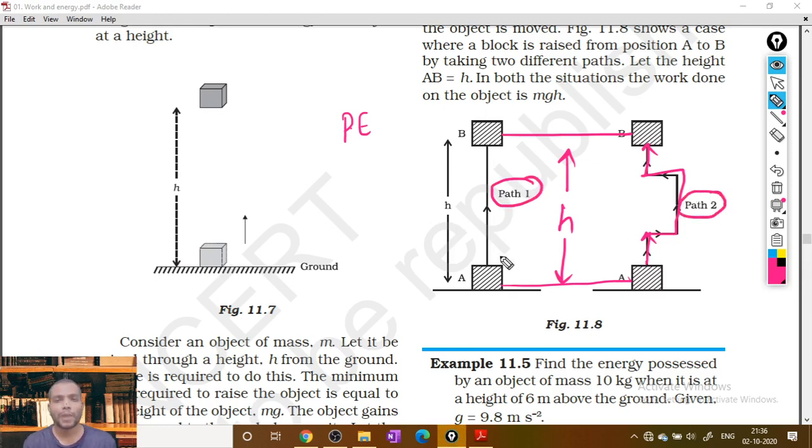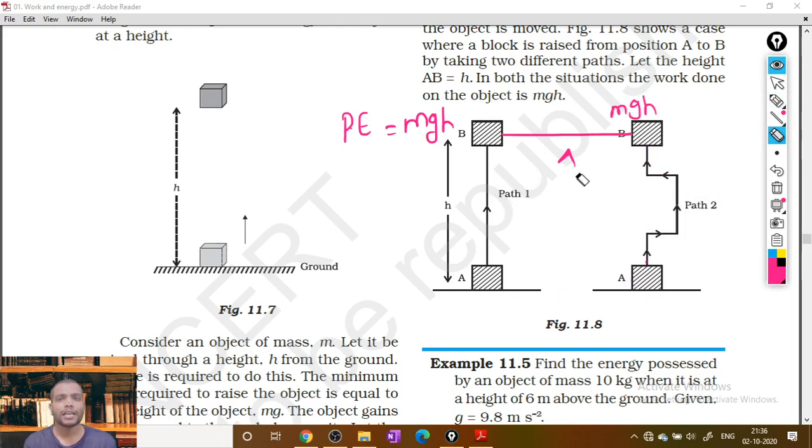In the first case the path is straight, in the second case the path is not straight, but in both cases the object has equal potential energy, equal to mgh. So we say that potential energy is independent of path. It only depends on the initial and final positions of the object.